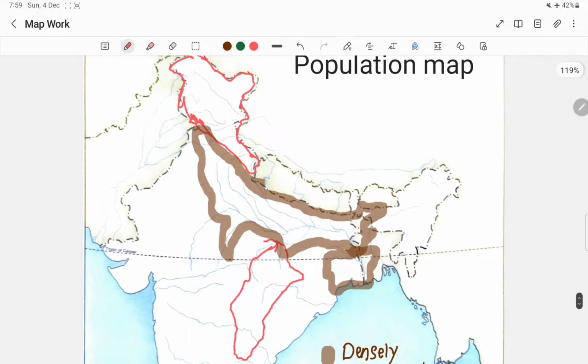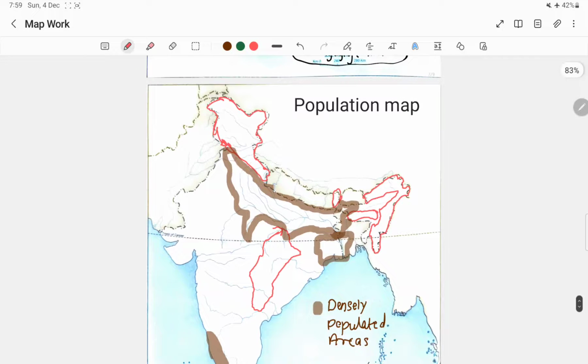After that, the Sikkim region will also get included, and Meghalaya will also be included in this. After that, all these 4 states, that is Arunachal Pradesh, Nagaland, Manipur, as well as Mizoram. These all will be included in the sparsely populated regions of India.